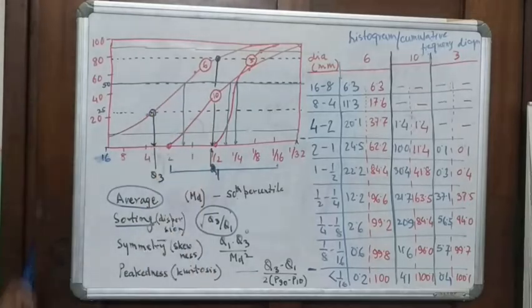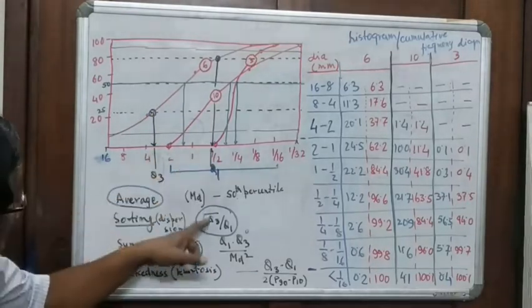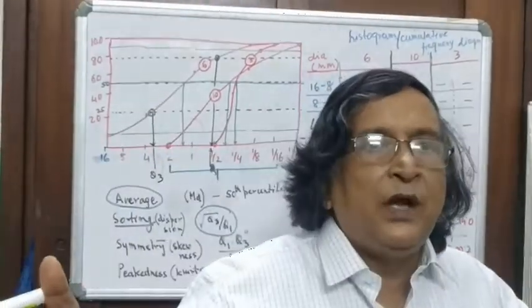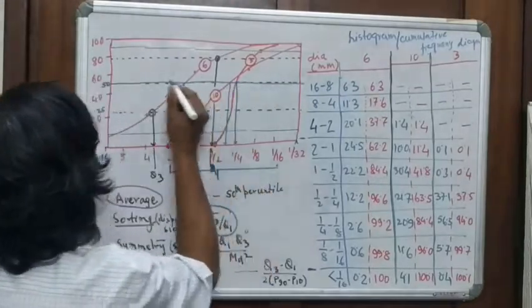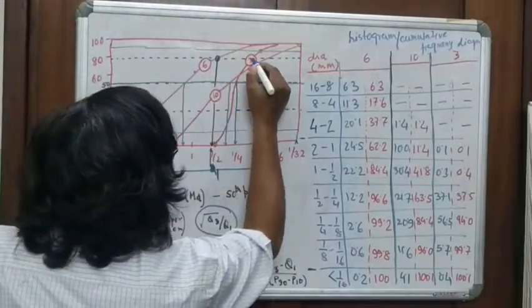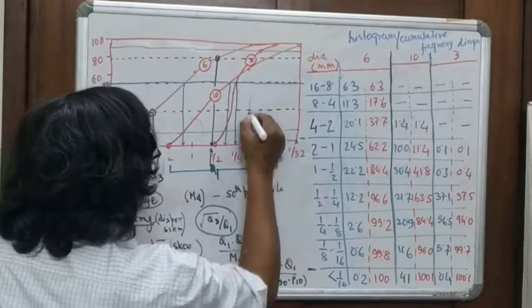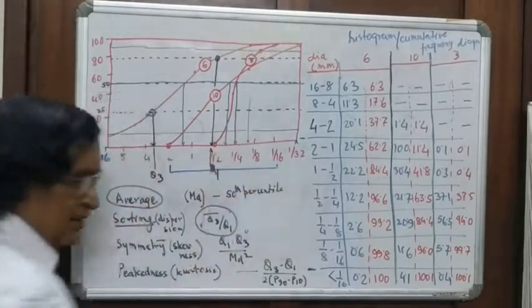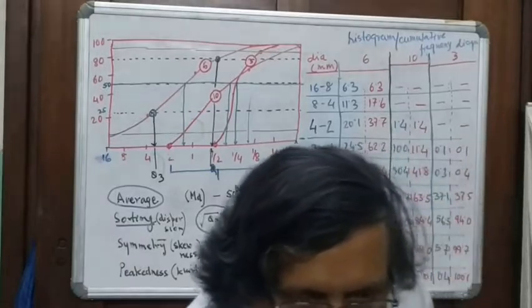If you now divide Q3 by Q1, you will not get a value which is 1. It would be larger than 1. But if you take, for example, this graph 3, here you see the value of Q3 and the value of Q1 are much closer. So the value Q3 by Q1 is close to 1.